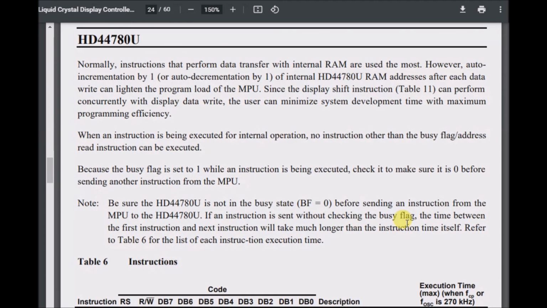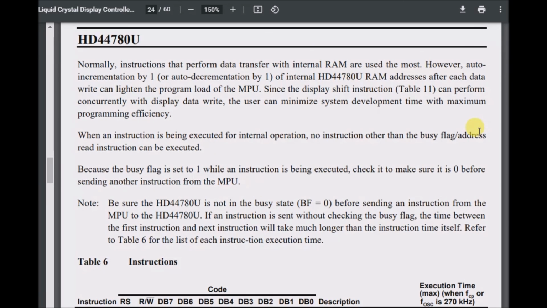However, auto-incrementation by 1 or auto-decrementation by 1 of internal HD44780U RAM addresses after each data write can lighten the program load of the MPU. Since the display shift instruction, Table 11, can perform concurrently with display data write, the user can minimize system development time with maximum programming efficiency.